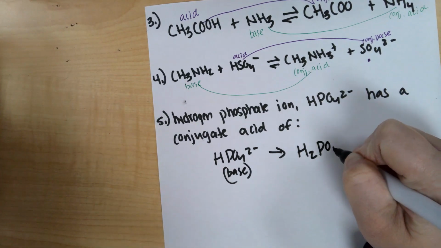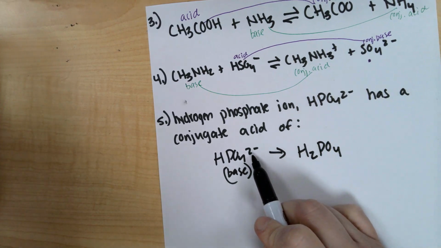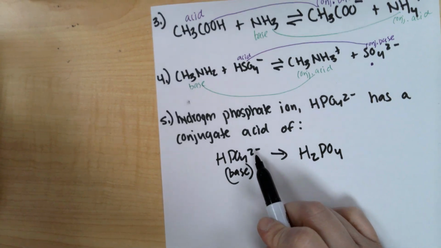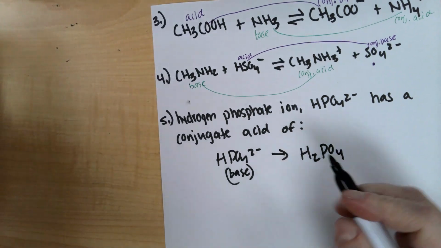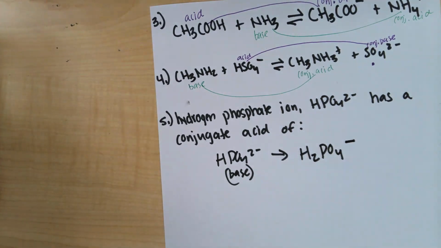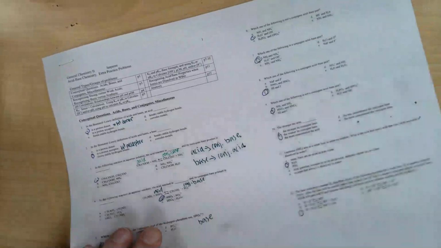I'm going to keep the PO4. The charge was 2 minus before, but it just gained an H plus, so we added an extra positive 1 charge, bringing the charge to -1. So the answer for 5 is B.